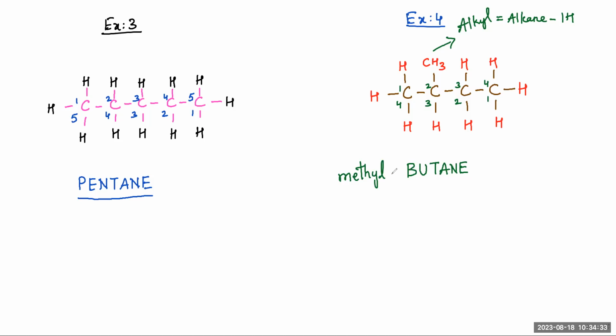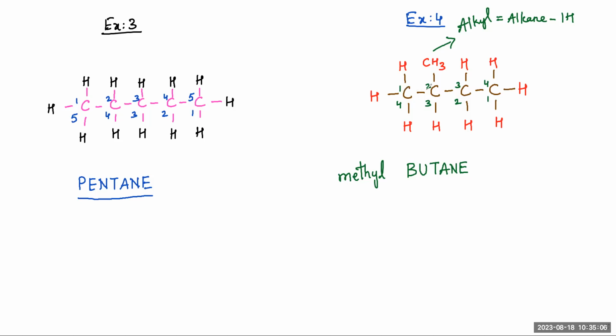Now, after this, we also have to number the position of the attachment of methyl to the carbon atom. So we will consider the smallest number to which the CH3 is actually being attached. If you can see, methyl is attached to the second carbon atom. If we would have considered the backward numbering, then that would have become the third carbon atom, which is against the rules.